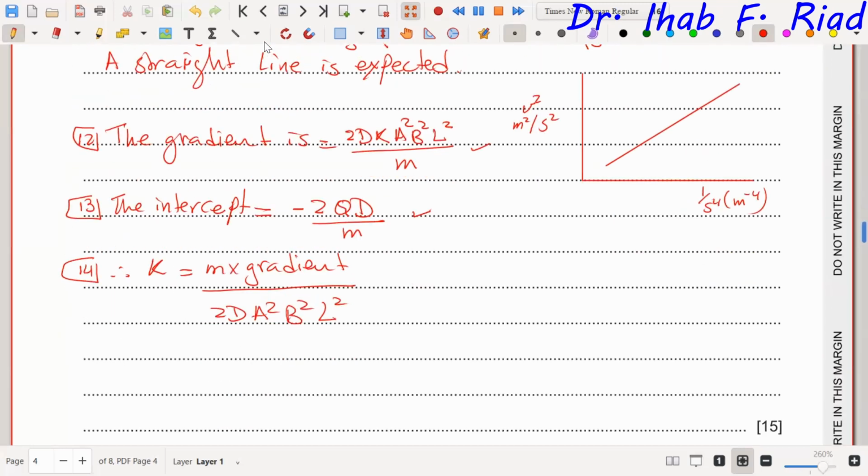Exactly. What about the Q? Q equals minus M multiplied by the intercept, divided by 2D. Okay, good.